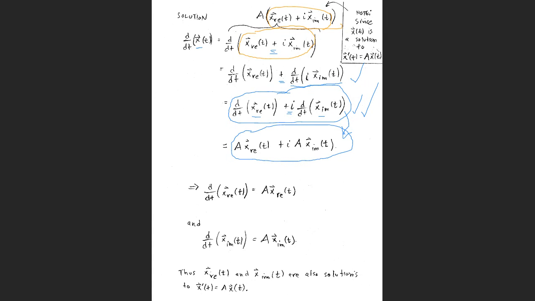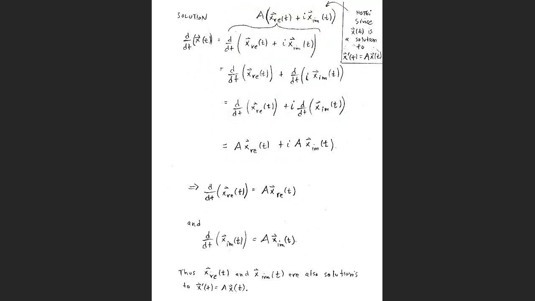This, A times x real plus i times x imaginary, can be written, if I distribute the matrix A, as A times x real plus i times A times x imaginary. So this is true. This is not a problem at all.